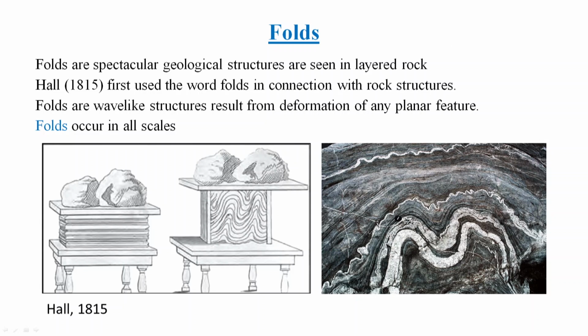So like I mentioned, folds can occur in various scales. Here also we can see a field photograph of a fold in a rock. There are thick layers which are folded in a particular manner. There are also thin layers which are also folded but in a little bit different manner.